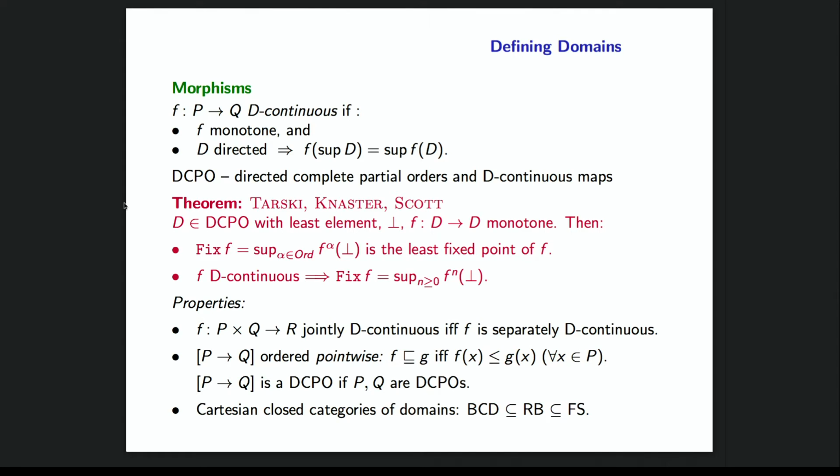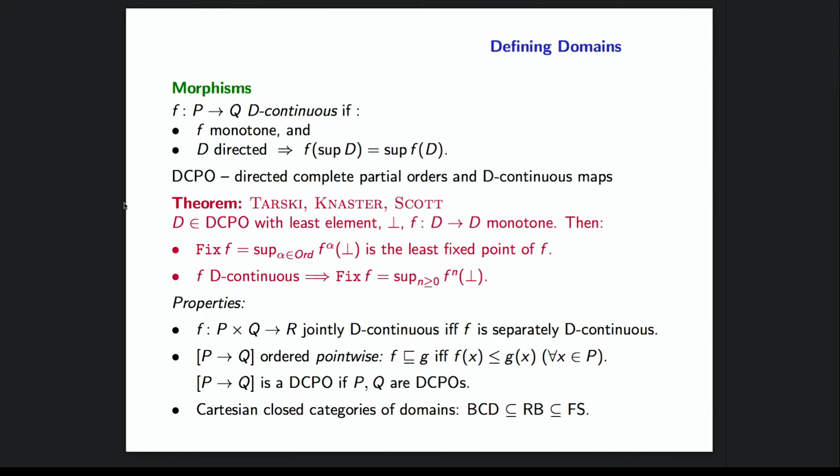And then the Scott contribution of this was this idea of continuity: if it preserves sups of directed sets, you don't have to iterate forever. In fact, in countably many steps, you will have reached that least fixed point. Okay? And this is the heart of what's called least fixed point semantics.